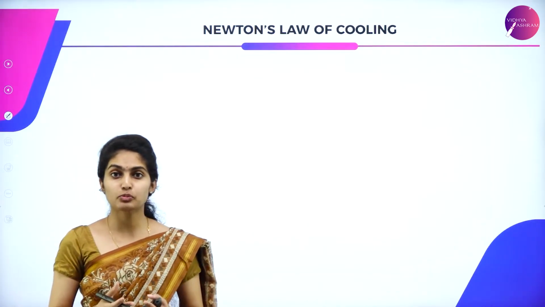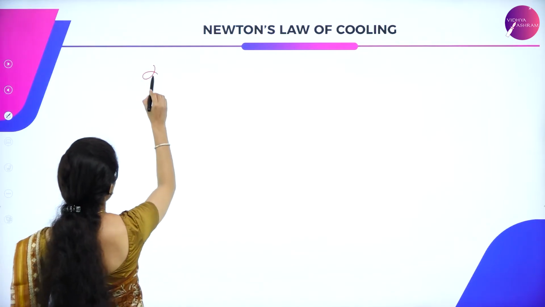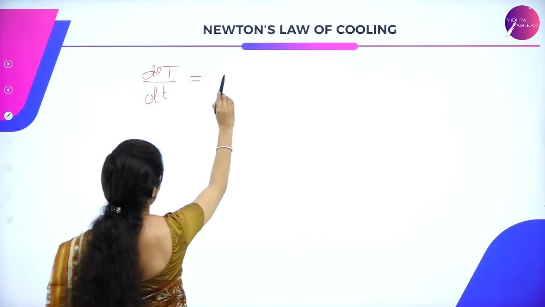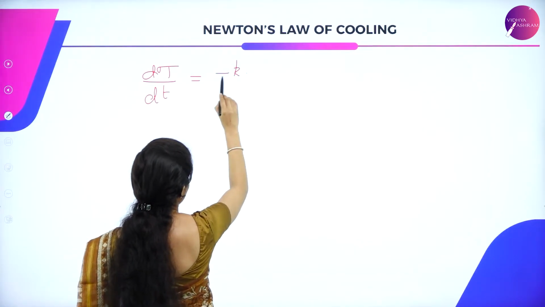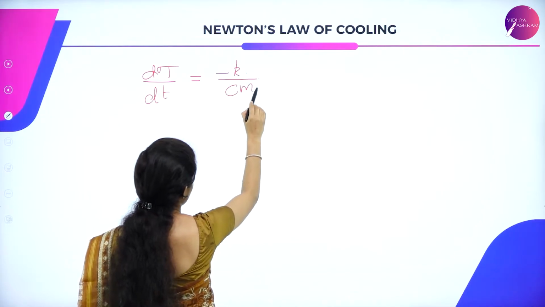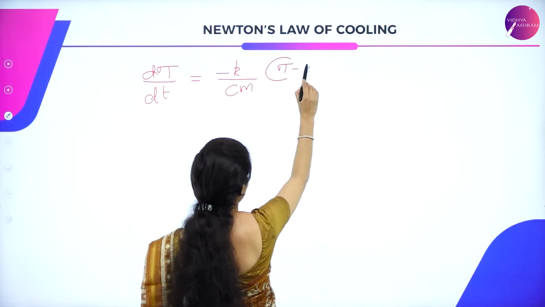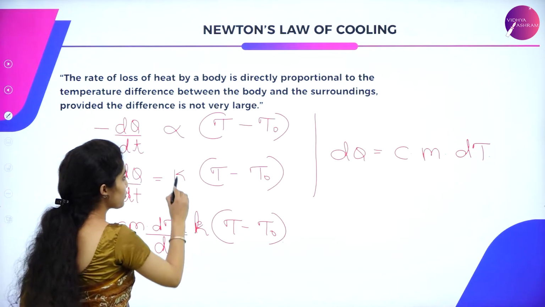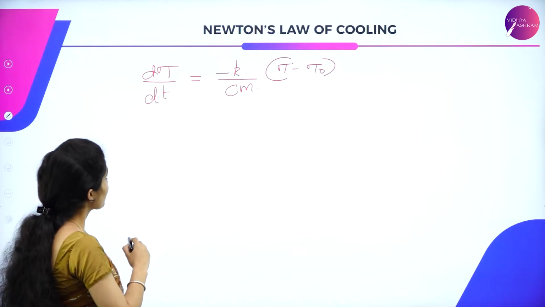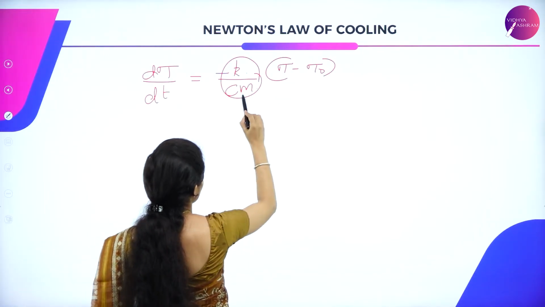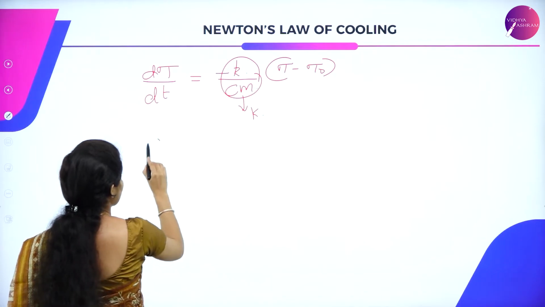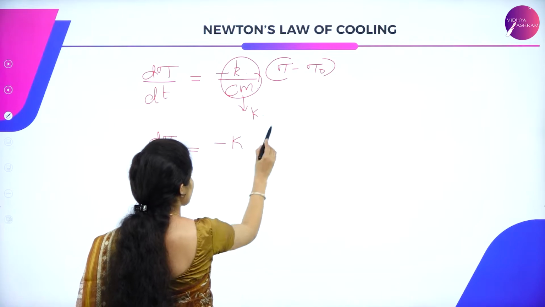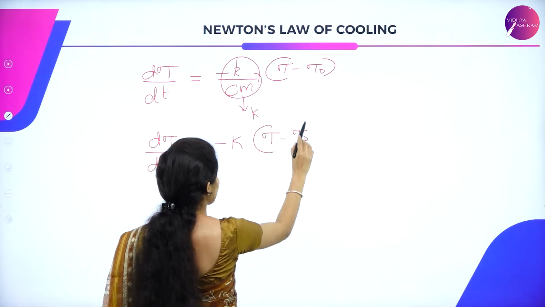By interchanging the terms, we have dT by dt equal to minus k divided by Cm into (T minus T naught). This is the small letter k which we are considering, so we take this term to be capital K. So it becomes dT by dt is equal to minus K (T minus T naught).